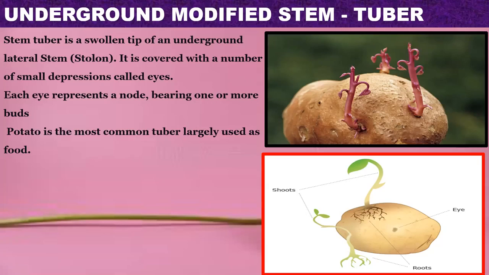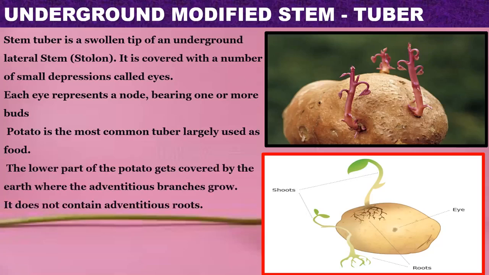Potato is the most common tuber largely used as food. The lower part of the potato gets covered by the earth where the adventitious branches grow. It does not contain adventitious roots. These are largely used as food and grow very slowly.